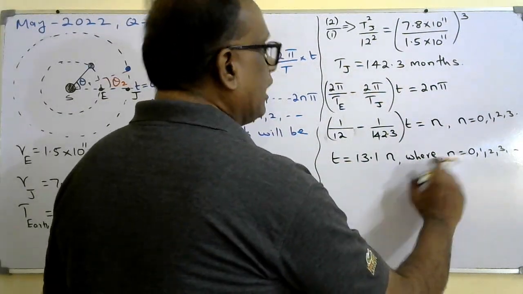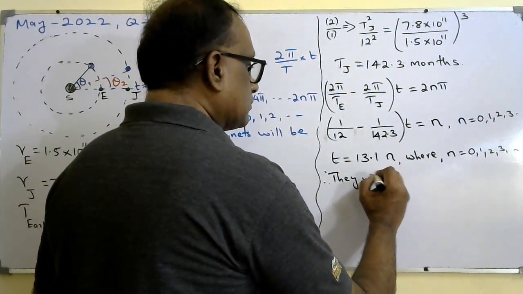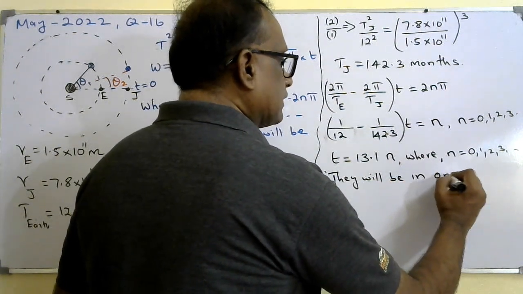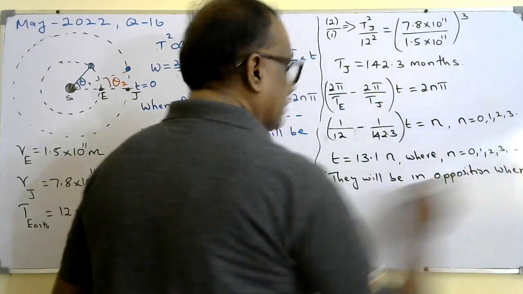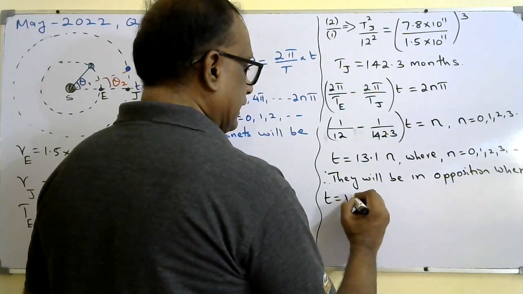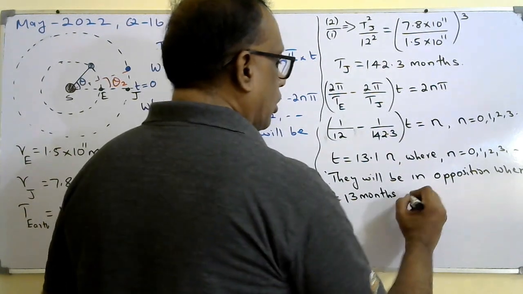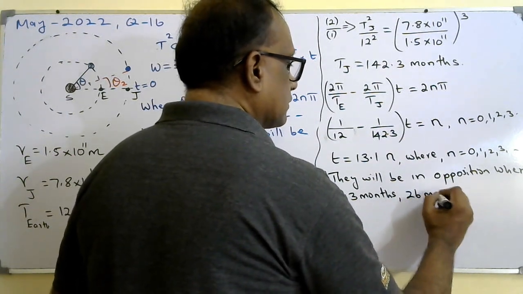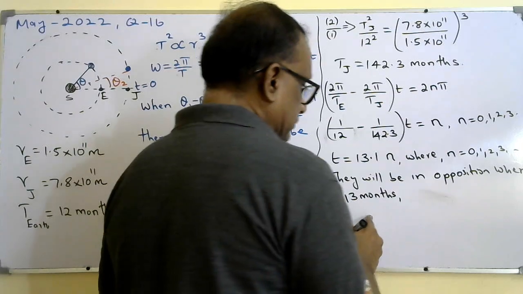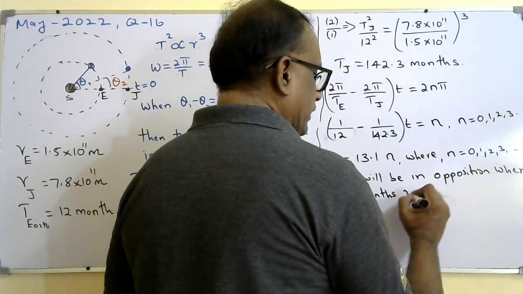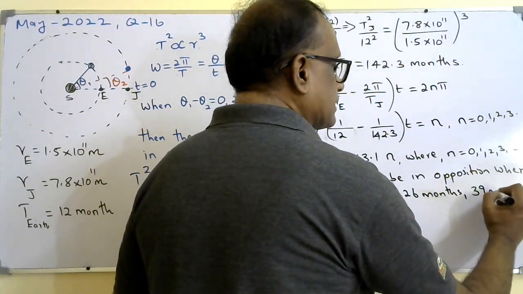Therefore, they will be in opposition when t equals 13 months, or 26 months, or 39 months, because it happens every 13 months.